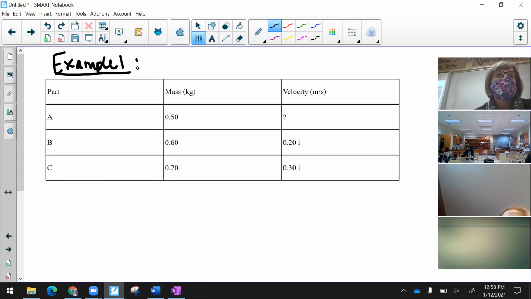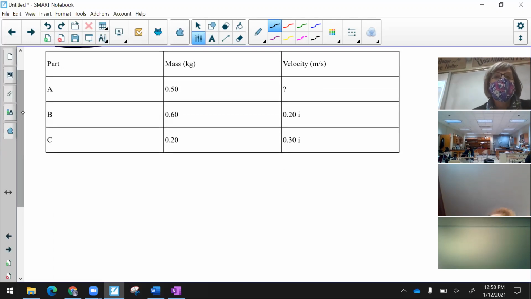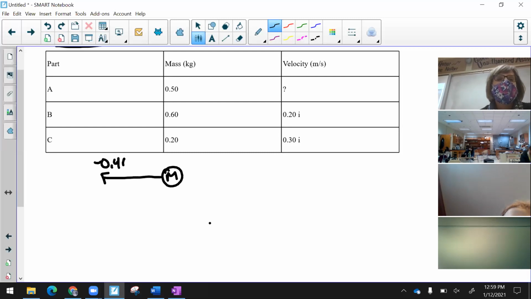Okay, so conservation of momentum is a pretty good reason to draw a picture. So I have my object initially. It is moving at negative 0.40 meters per second i. This is what I would call my initial case.